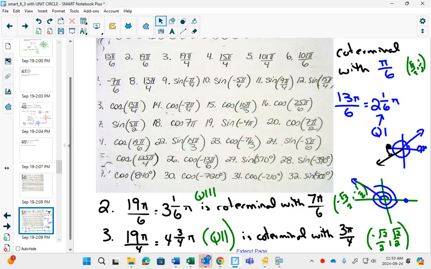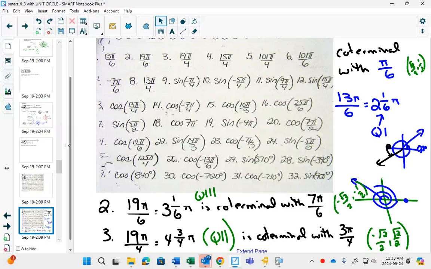Then assignment 2, which you can do simultaneously if you want. Once you get to question 9, you'll figure out this is in quadrant 4 because it's negative pi over 4. Sine of pi over 4 is root 2 over 2, but negative in quadrant 4, so the answer to this one is negative root 2 over 2.